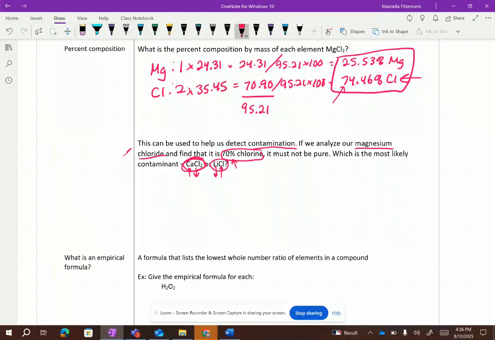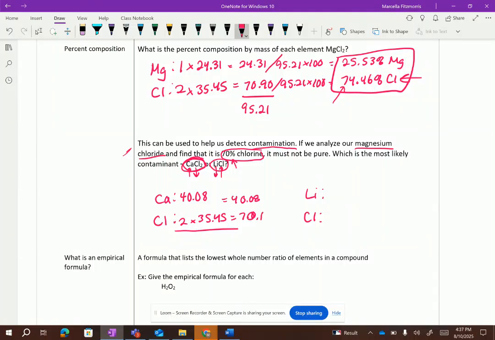Now, let's do it numerically and prove it. Let's calculate the percent composition of CaCl2 versus LiCl. So Ca's mass is 40.08. Cl has 2 of them at 35.45 each, for a grand total of 70.09 down there.